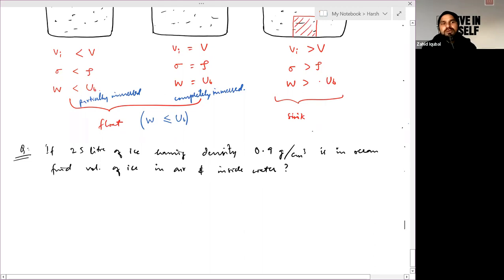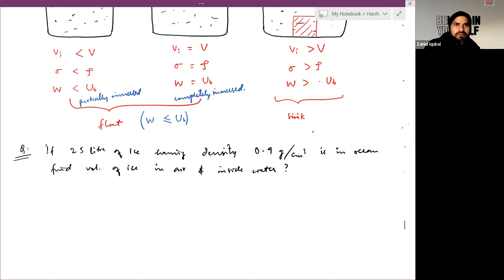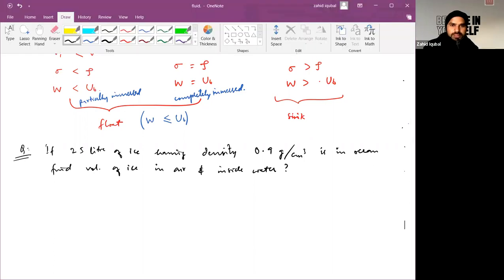What fraction or what volume of ice will be in air and what volume of ice will be in water?